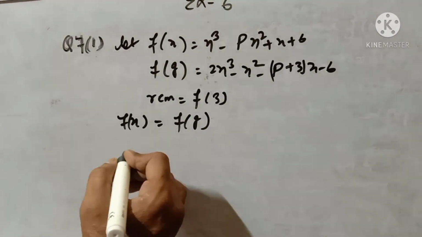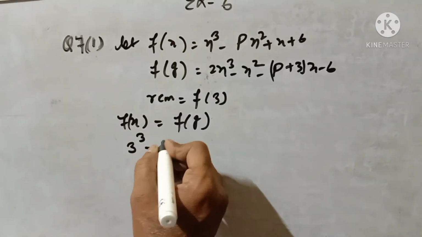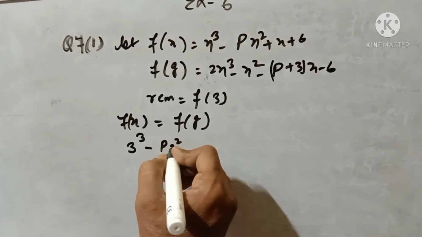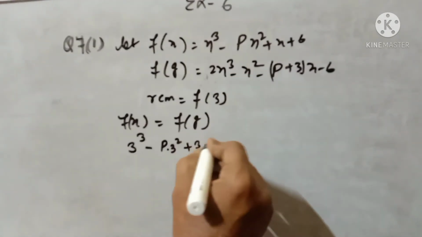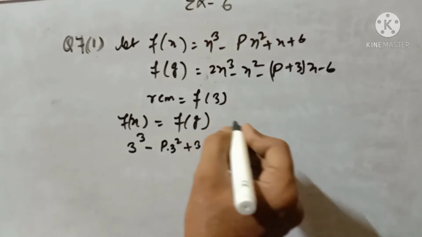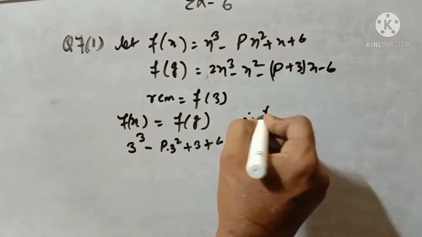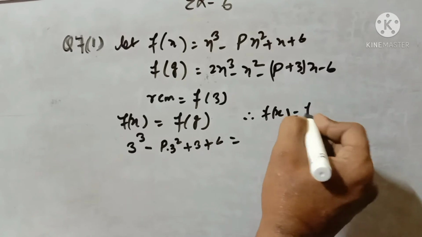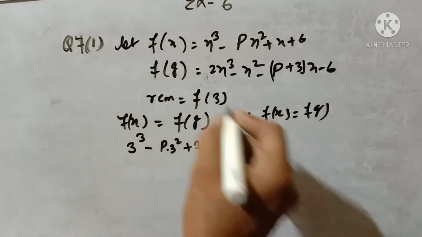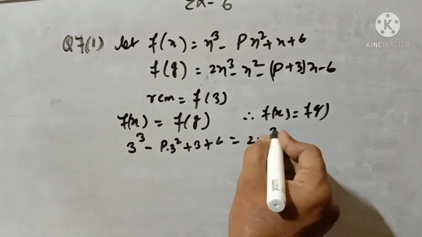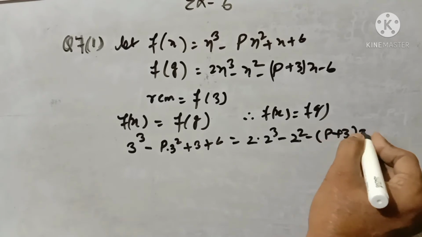So it will come 3 to the power 3 minus p into 3 to the power 2 plus 3 plus 6 equal to, comparing this one also, since f(x) equals g(x), write down the values of x: 2 into 3 cube minus 3 square minus (p plus 3) into 3 minus 6.